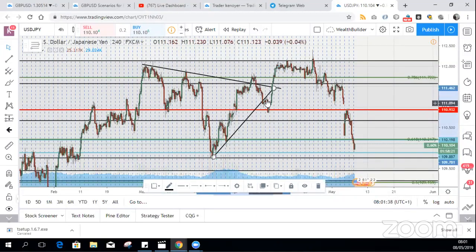Trend line broke, retested, lower low. That's obviously a sell, a downtrend. Lower high, lower low, lower high, lower low. Everybody's selling. What happens next?